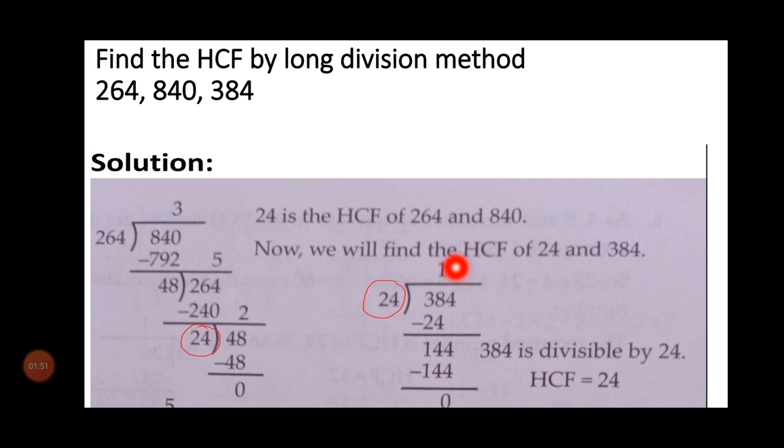Only one time, write 24 down, then subtract the values, you get 14 and bring 4 down. How many times of 24s are there in 144? 6 times. You write 6 at the top, and both are the same value, so you subtract it. So 24 is the HCF for those numbers. The HCF of 264, 840 and 384 is equal to 24.